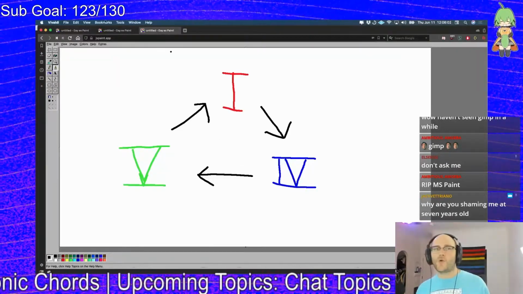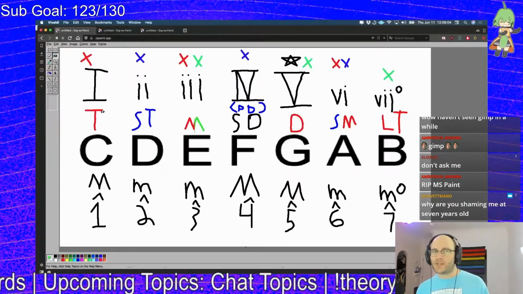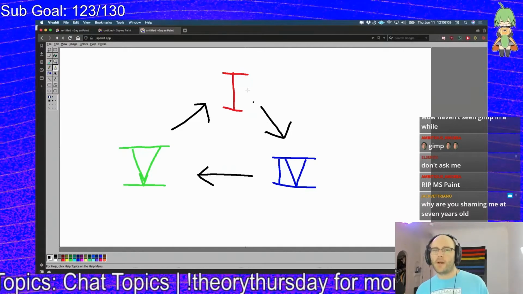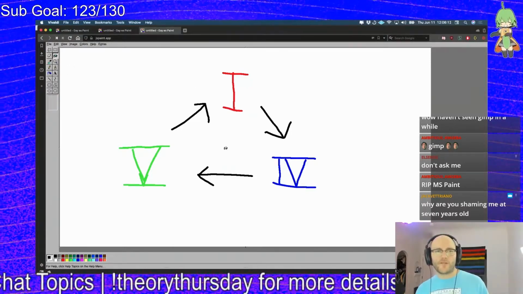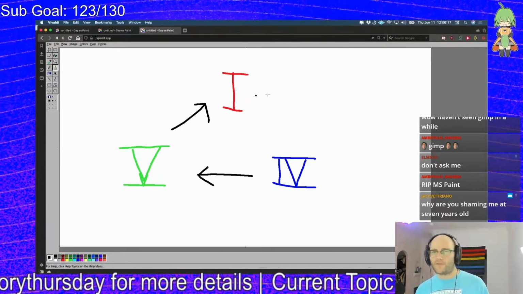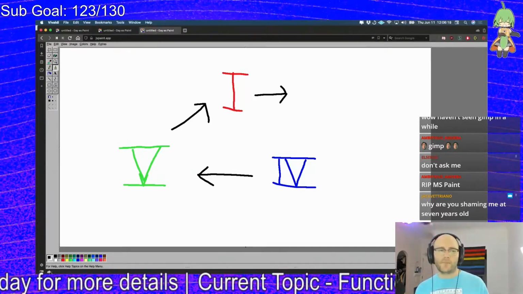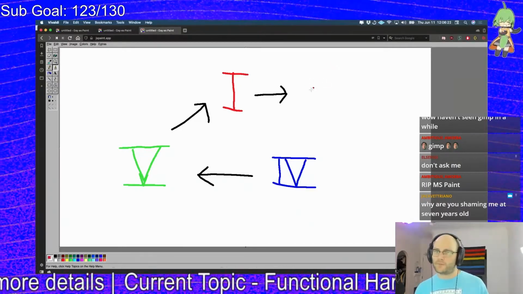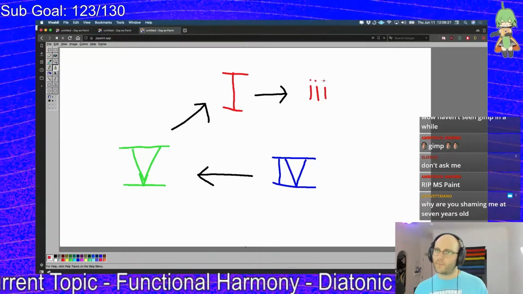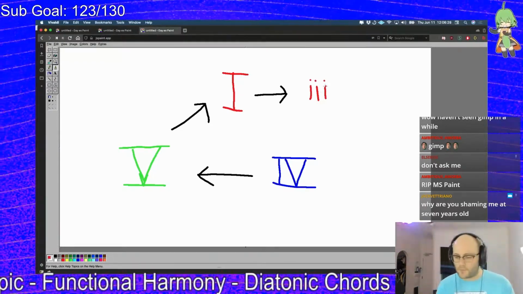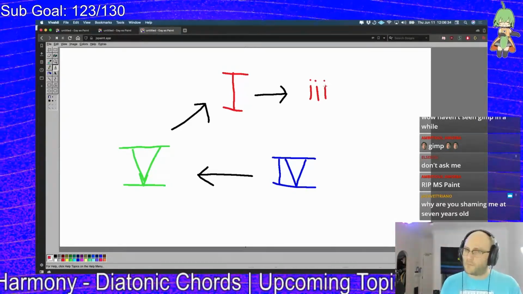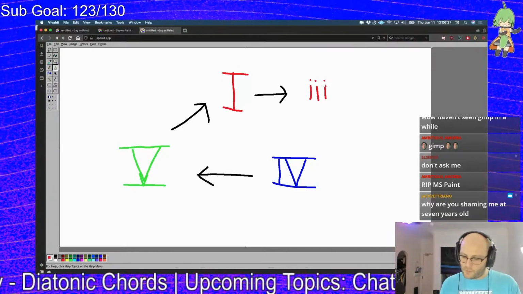Looking at how you can maybe stay in one side. For example, you start on the 1. Instead of going directly to the 4, maybe you take a brief detour. Take a brief detour off, and you stay in the tonic by playing a 3 chord. So we have this. Ooh, whoops, wrong one.